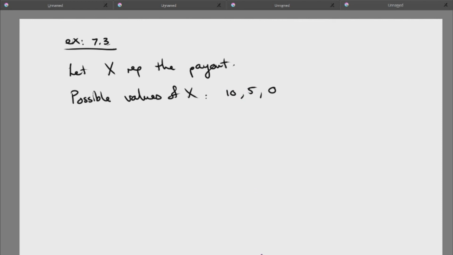The only things that can happen. As a player, or as a host, I'm either going to pay the player $10, $5, or nothing. So then my distribution are the probabilities over these values, 10, 5, and 0.